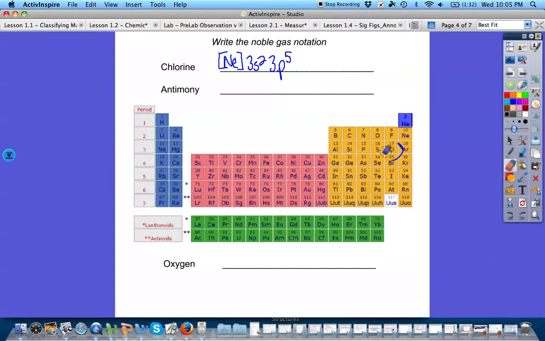So the next noble gas notation we want to do is antimony, which is Sb. So we're going to trace backwards to the last noble gas, which if you go up one row all the way over to the right would be krypton. Then from krypton, we're going to go down to the next row. So we're at the 5th energy level in the S sublevel, 1, 2.